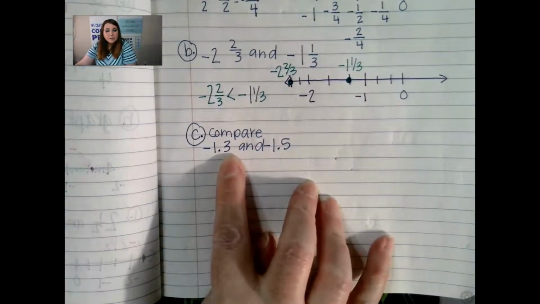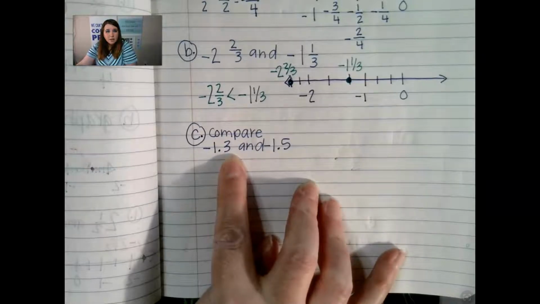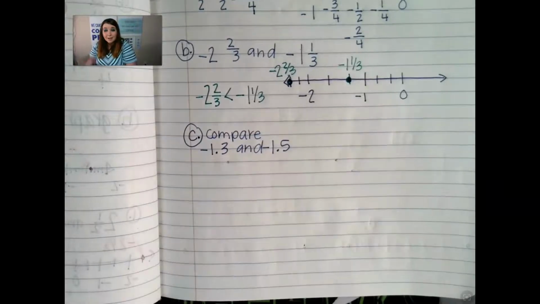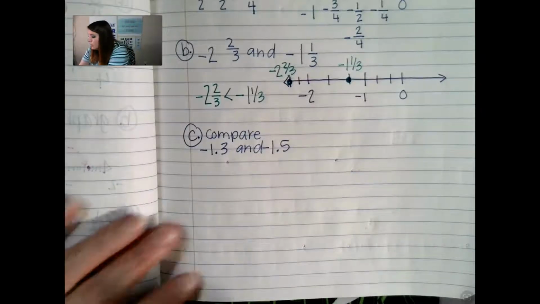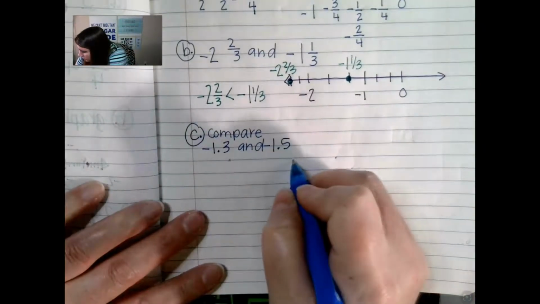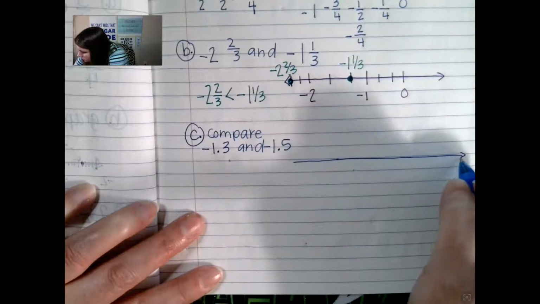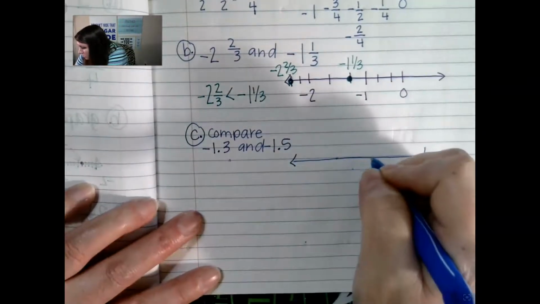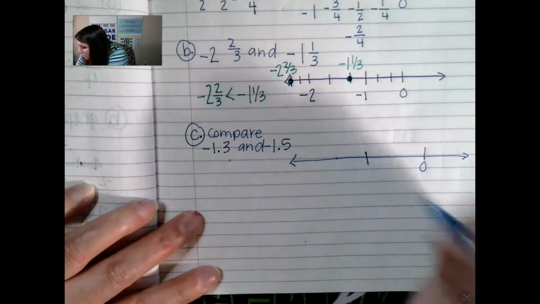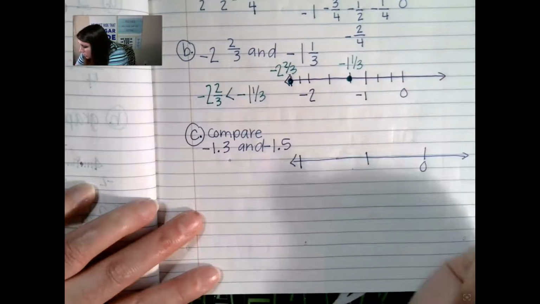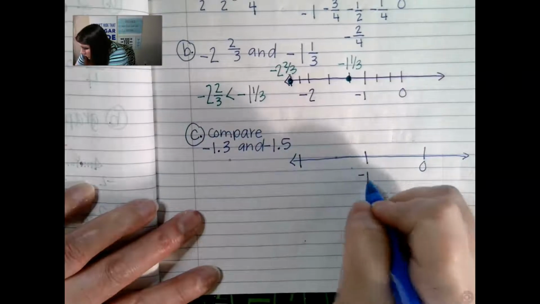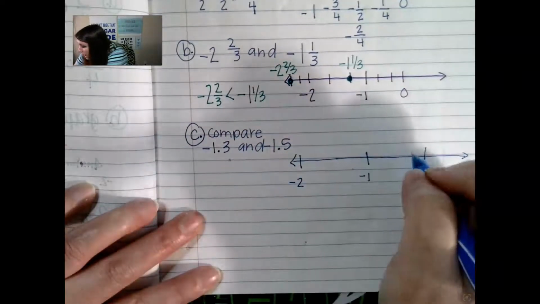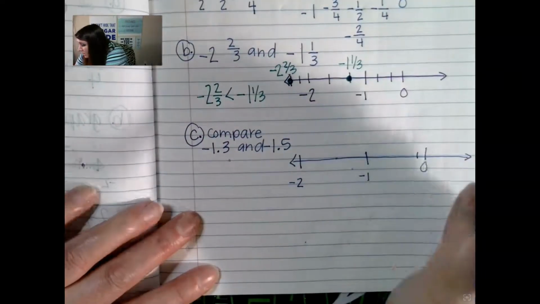So that means that in between the numbers there are 10 spaces, 10 like cuts, right? So when I draw my number line, I know that when I go from 0 to 1 and 1 to 2, so here's negative 1, here's negative 2, I have 10 spaces in between.